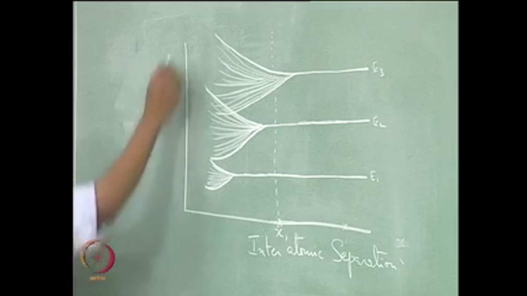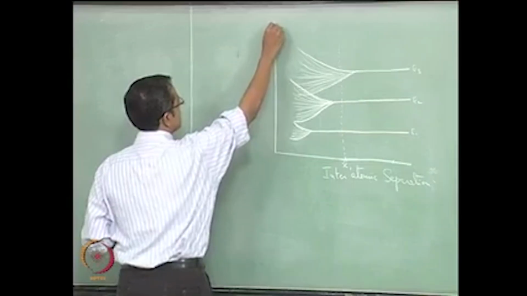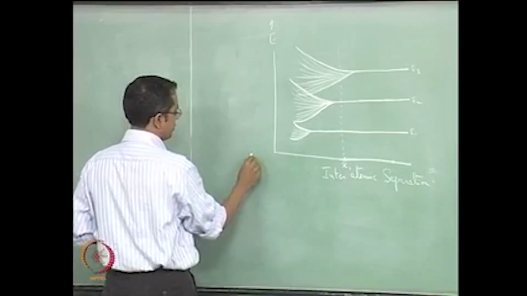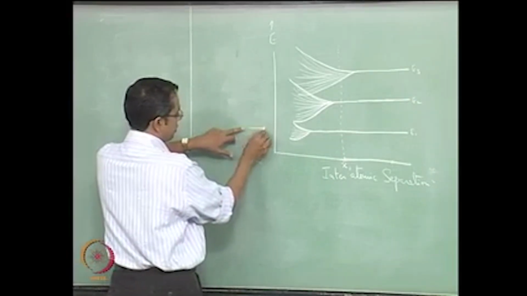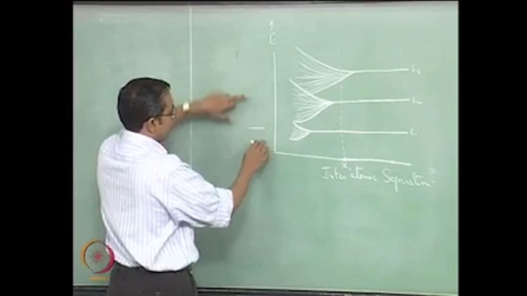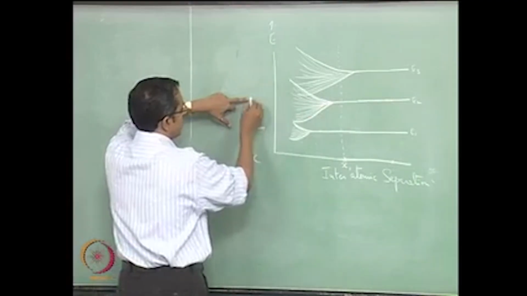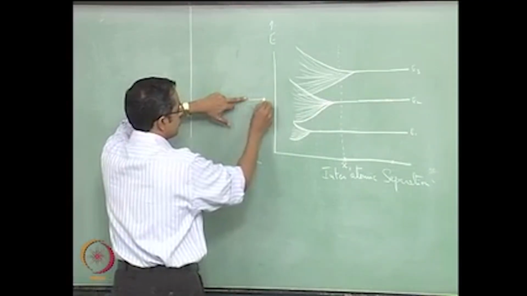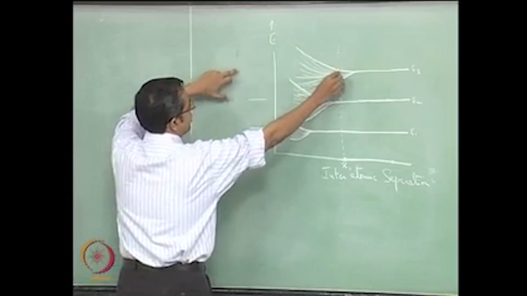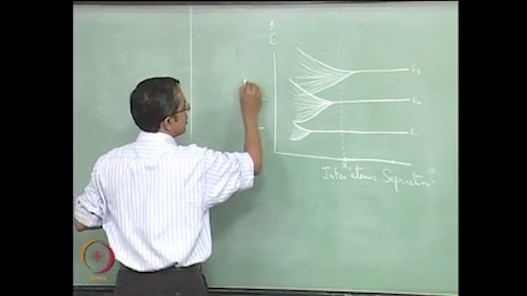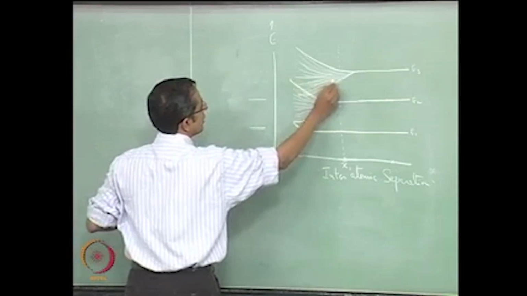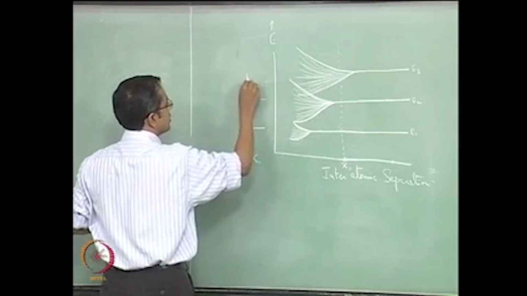So at x1, this is E, we will see a single energy value corresponding to E1, we will also see a single energy value corresponding to E2, and we will see this band here.